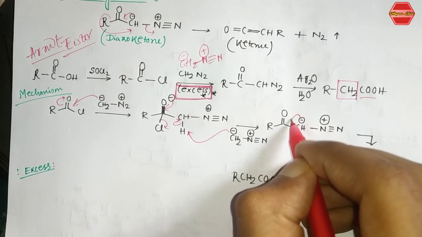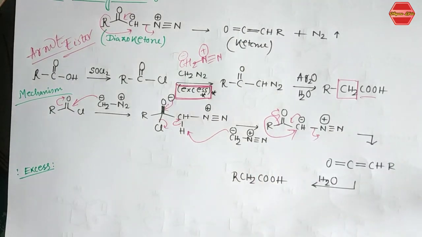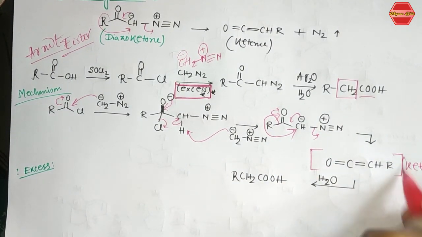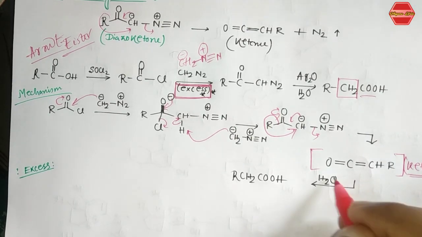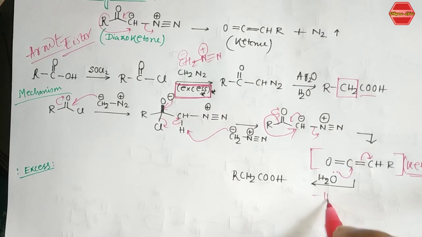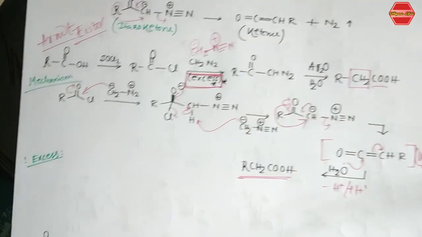After that these bonds go here and this will migrate and N2 will leave, so that you are getting this ketene, right? So this is called ketene. So this is the ketene intermediate, and after hydrolysis, with minus H plus and plus H plus, you are getting this RCH2COOH.